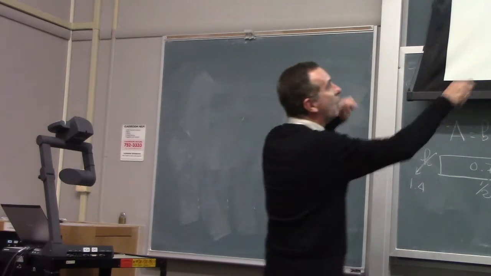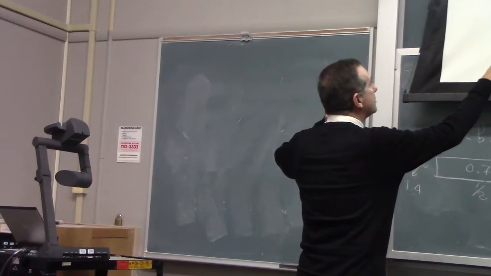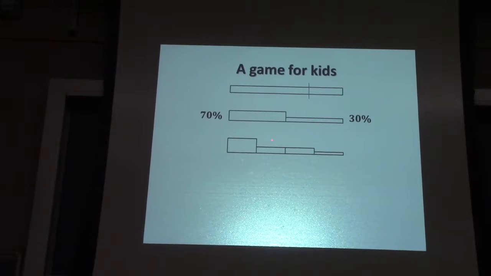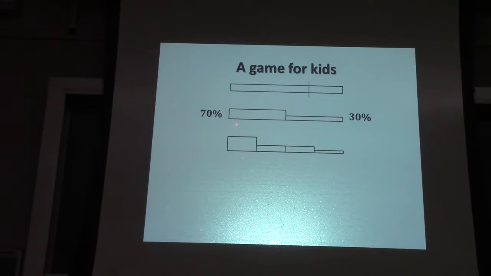What about this piece here? How much mass is there in this piece? In the same way, this is 30% of this. So this is 30% of 70%, which is 21%. Right? How much mass is there here? It's also 21 because this is 70% of 30%. Of course, 70% of 30% is the same as 30% of 70%. 21%.